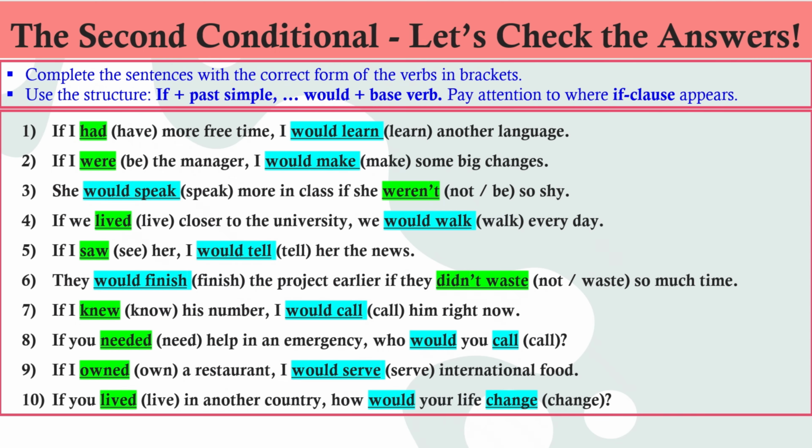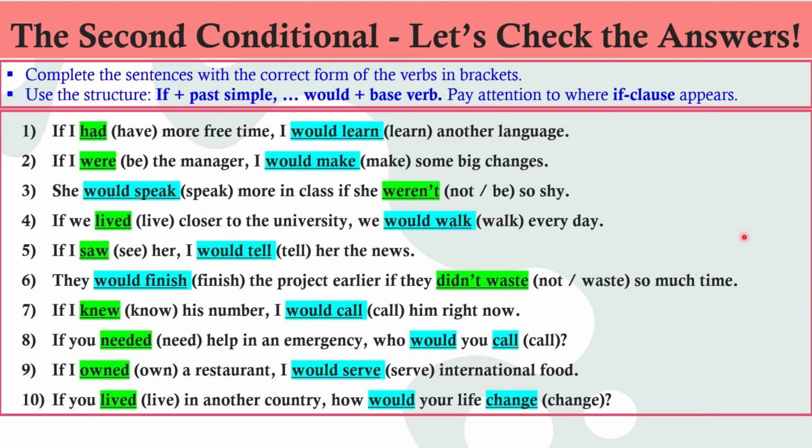Let's check your answers together. As you review, make sure you have used the past simple tense in the if clause and would plus base verb in the main clause. For the questions, check whether you correctly inverted the subject and verb. For example, who would you call?